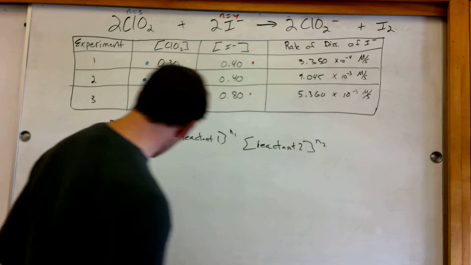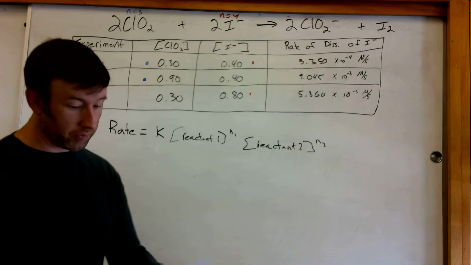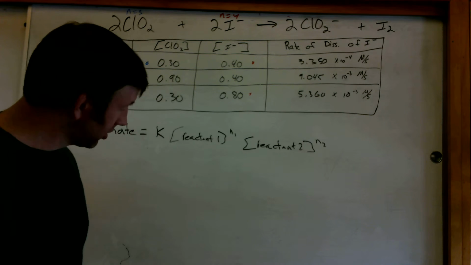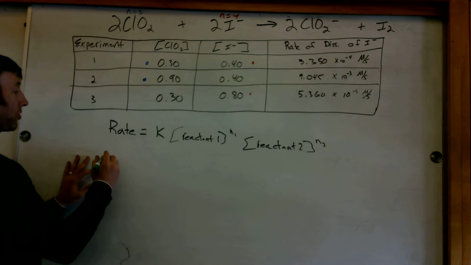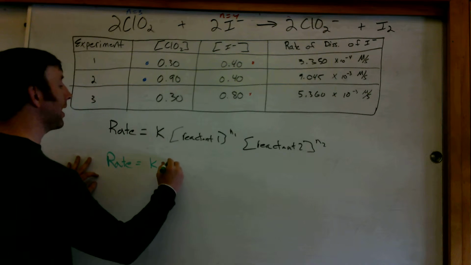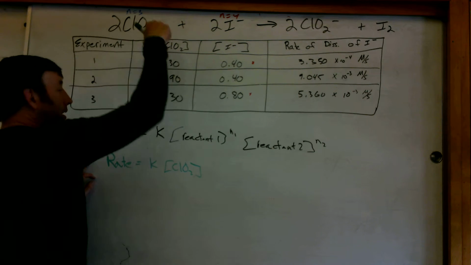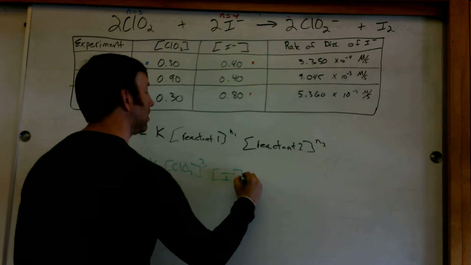All right, so let's just pick one. But for this particular reaction, my rate law would look like this. Rate is equal to k times the molarity of ClO2 to the third power times the molarity of I minus to the fourth.